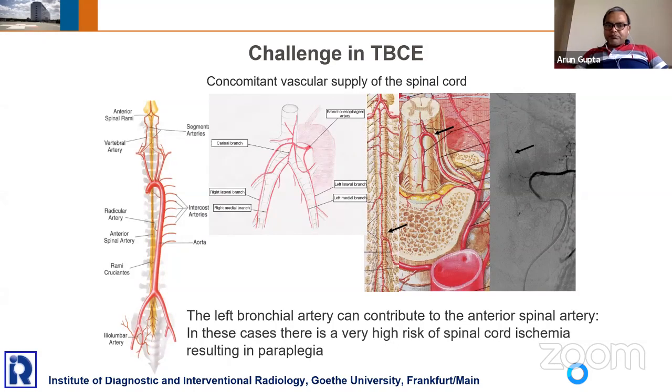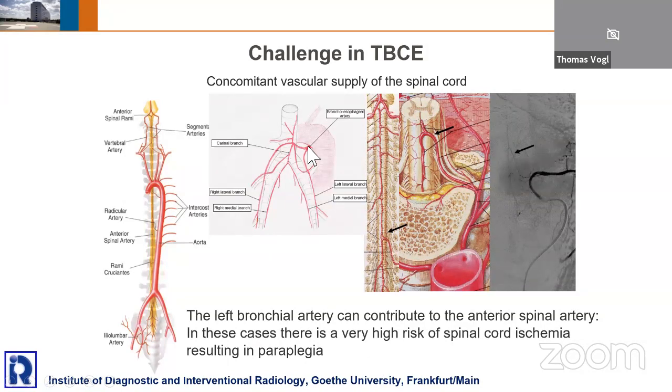And here you see the problem in the bronchial arteries, which is shown here. You see that we have connections to the spinal artery, especially to the anterior spinal artery. So each intubation of the bronchial artery comes along with a risk of having also spinal cord ischemia, which might result in paraplegia.